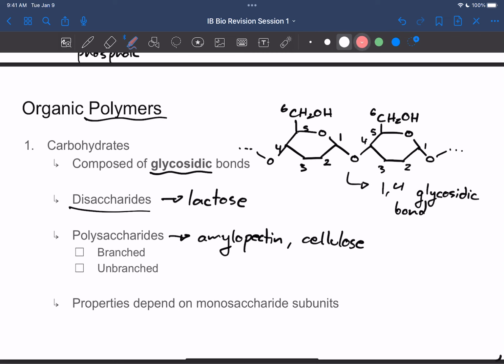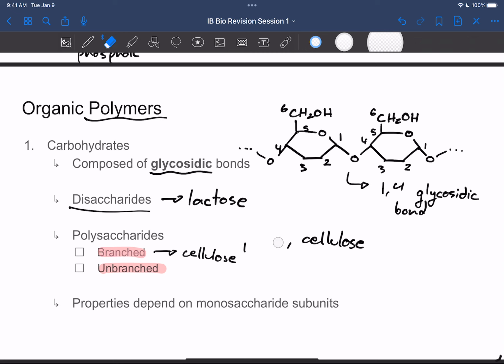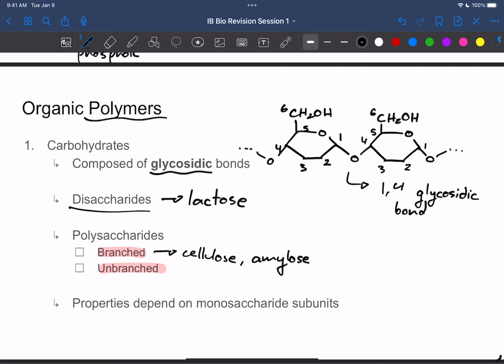These can be branched or unbranched, and whether it's branched determines how it's used. So branched includes stuff like cellulose and amylose. And then unbranched, sorry, I meant unbranched for cellulose.